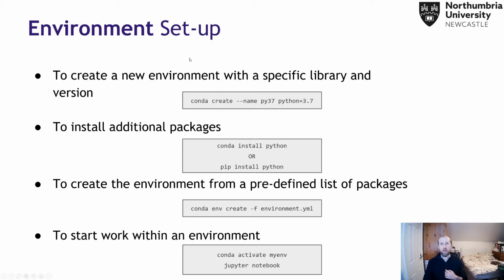Once you've created your environment, you can then install additional packages using either the conda command or the pip command. Or you can create the environment from a list of packages that have already been defined somewhere else. Often this will come in the form of an environment.yaml file or a requirements.txt file.